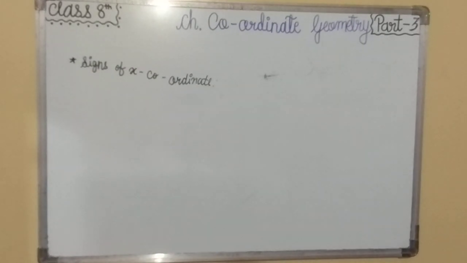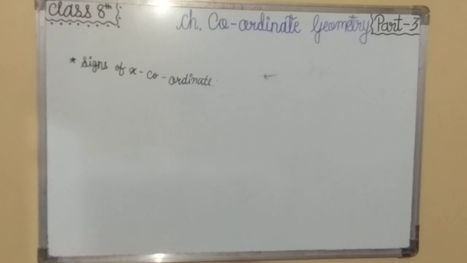It is observed that for points A and B, the x coordinates are measured in positive direction of x, and hence their x coordinates have positive sign. All points lying on the right hand side of y-axis will hence have x coordinates with positive sign.